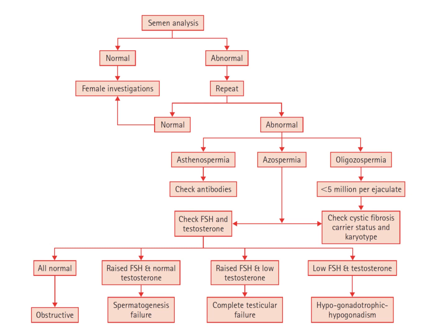And similar to the woman, if the FSH is high, that can suggest that there's testicular failure, so spermatogenesis failure, complete testicular failure here. So testosterone being normal is because the Leydig cells are still functioning. Leydig cells just produce testosterone, not the sperm. If the sperm progenitor is not working, raised FSH, spermatogenesis failure. If testosterone is also low, then it's complete testicular failure.